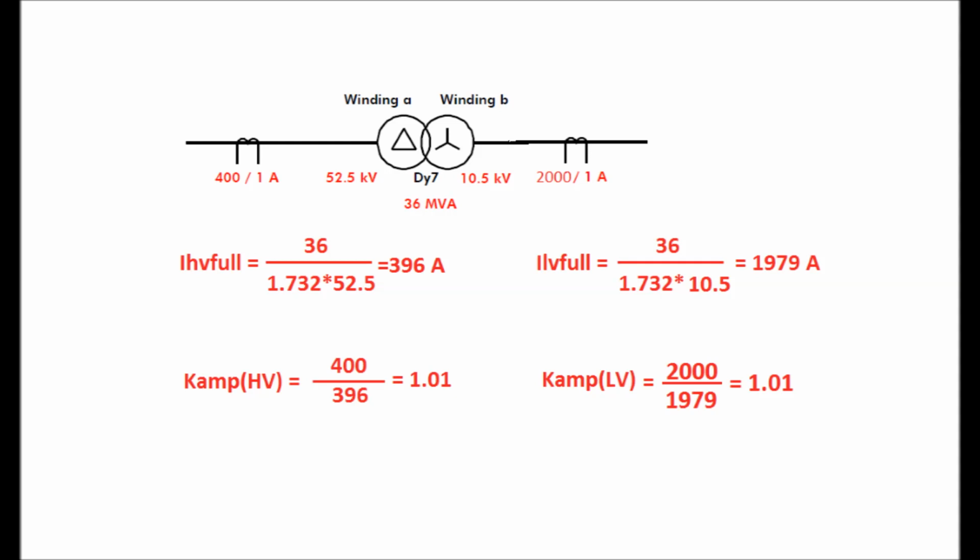Again for the LV side, K amplitude LV is equal to the LV side CT ratio divided by the LV side full load current, 2000 divided by 1979, which is 1.01. This value is automatically calculated based on the input given to the relay. Again, for angle matching, the relay automatically calculates based on the vector group given to the relay.